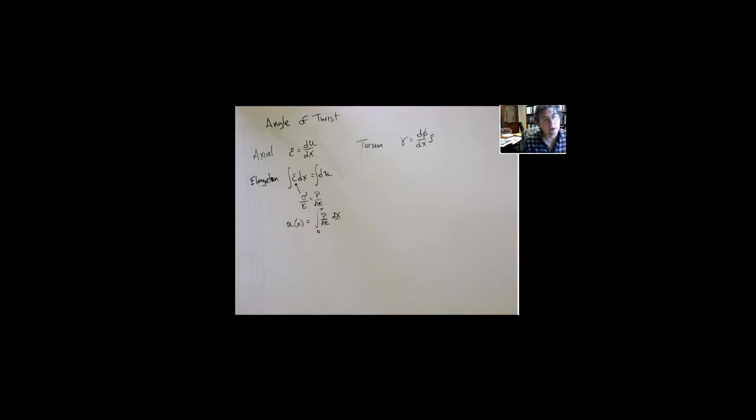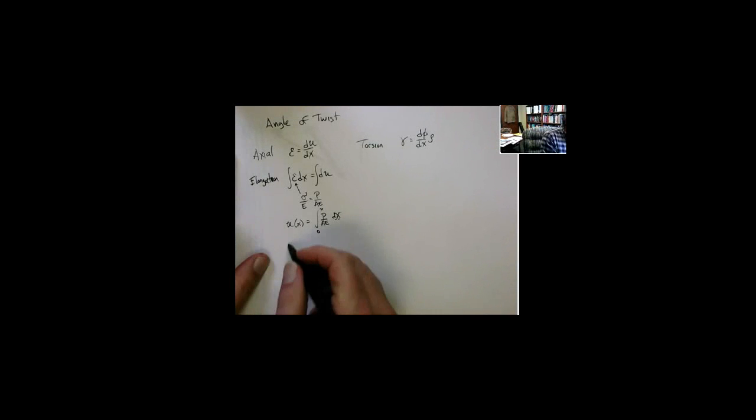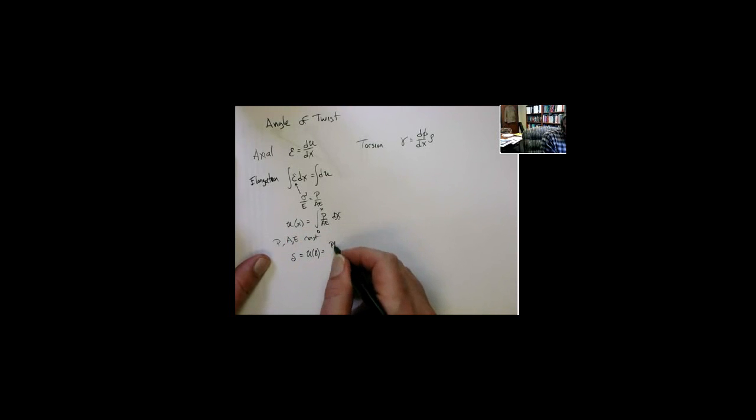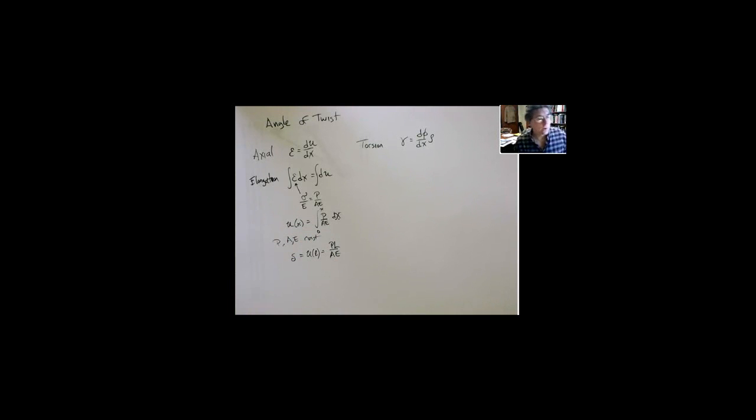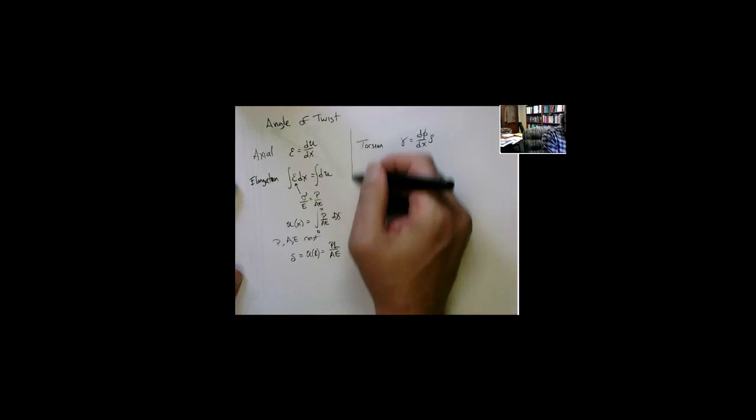So that gives you the elongation in general as an integral, and then we also talked about situations where A, E are constant down the length, which is pretty typical, and that gives us that elongation, the displacement, delta equals PL over AE. Right? So we do the same thing with torsion.